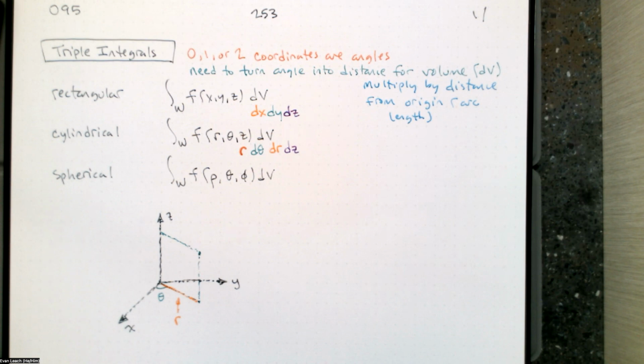When we go to integrate, we integrate r along with our function. But when we set up dV, that r has to be there because it turns d theta into a length, just like in polar coordinates, r turns d theta into length.